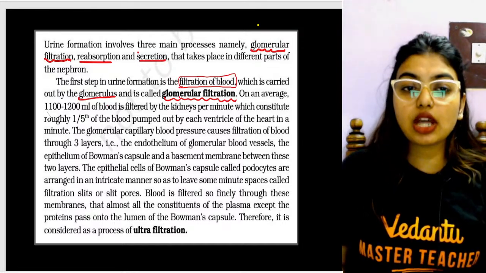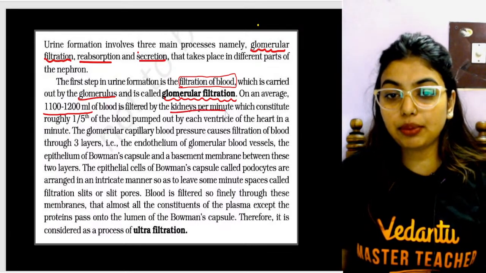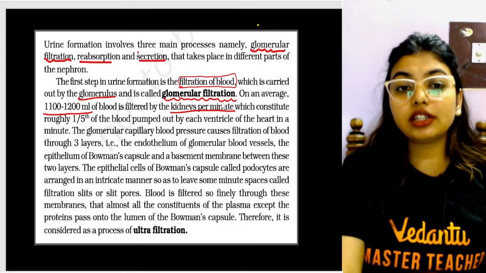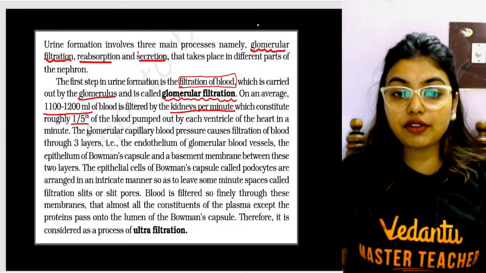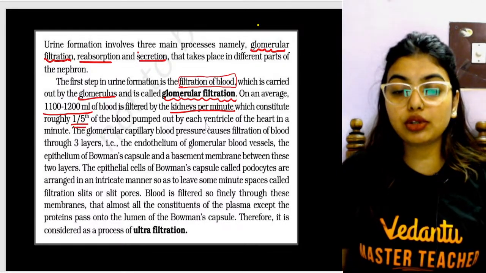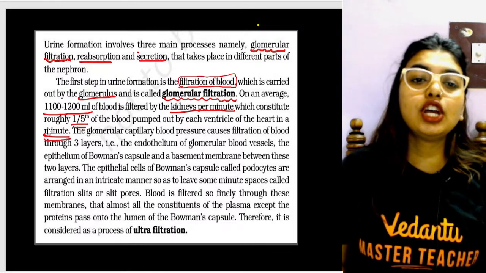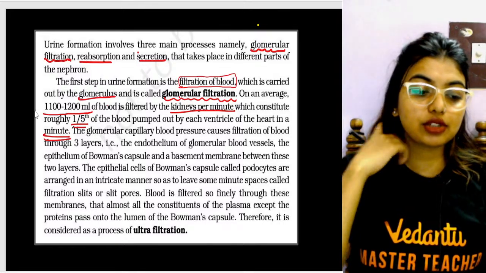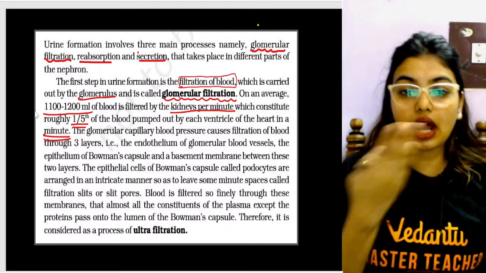On an average, 1100 to 1200 ml of blood is filtered by the kidneys per minute. You can imagine how much is going around. This constitutes roughly one-fifth of the blood pumped out by each ventricle of the heart in a minute. So how much does the heart pump?